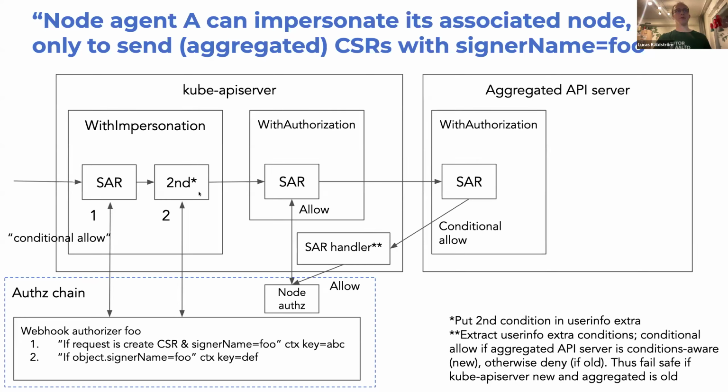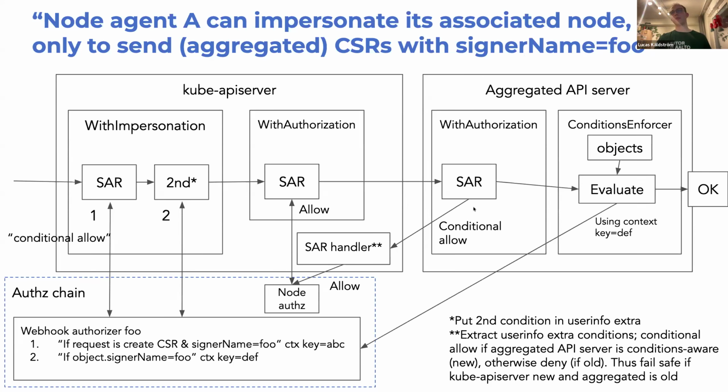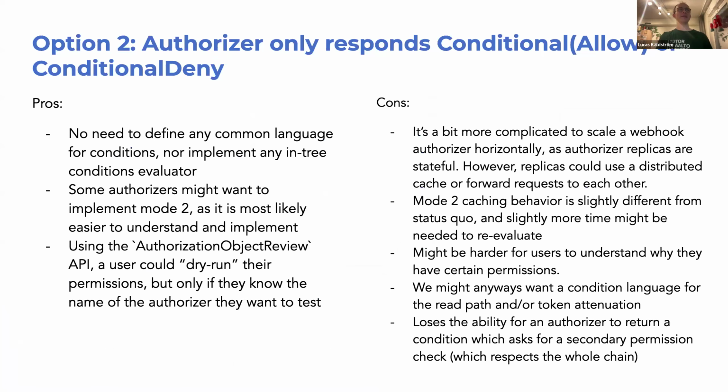So this is now a conditional allow, and whatever condition was here is now evaluated here, which calls back to the authorizer that was initial. Again, I'm not sure if we want to do it, but at least it's technically possible, and the point is basically to say there's no loss in expressivity, I believe, in option 2.